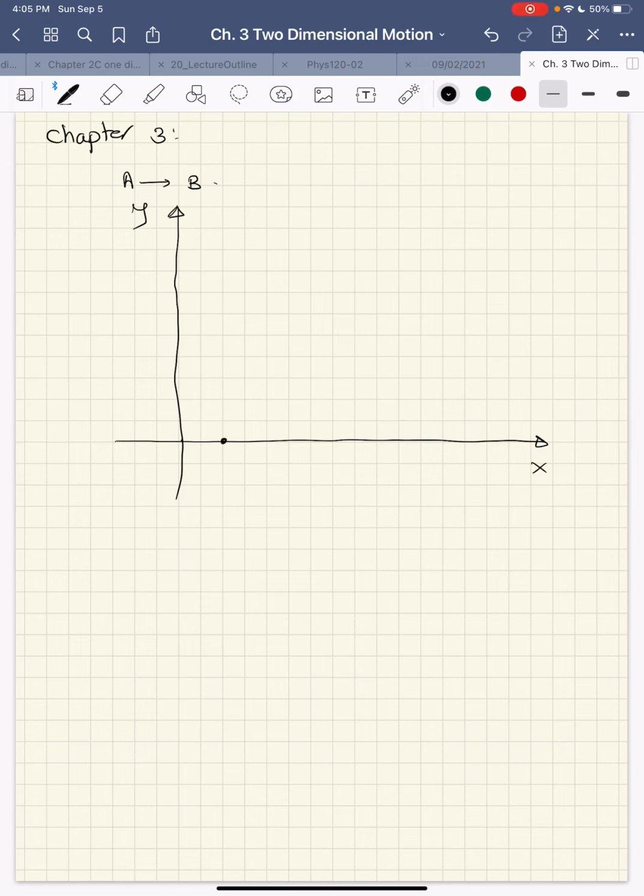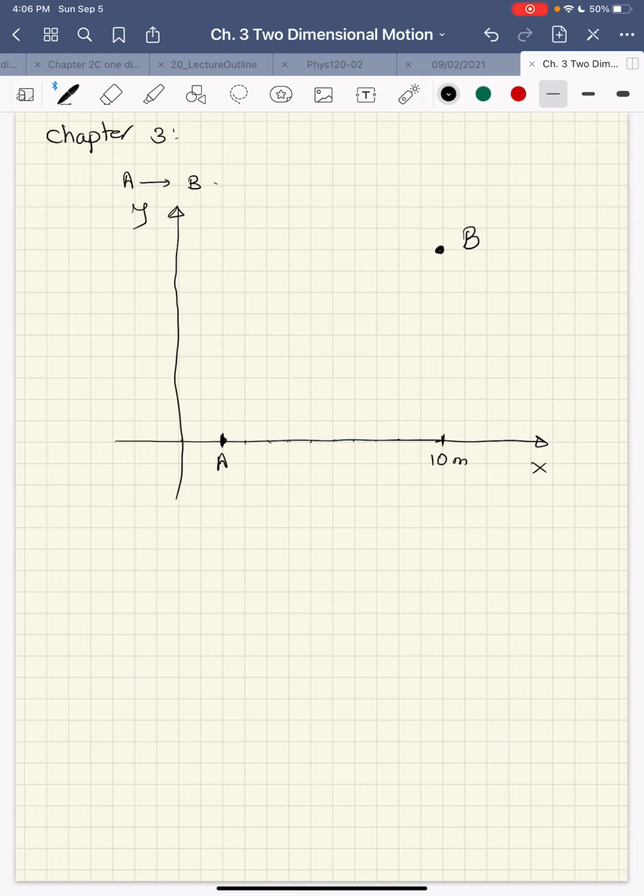Let's say here, and this is A, and there is B here. Now, if I want to go here, I can do the following. 1, 2, 3, 4, 5, 6, 7, 8, 9, 10. Okay, this is 10 meters.